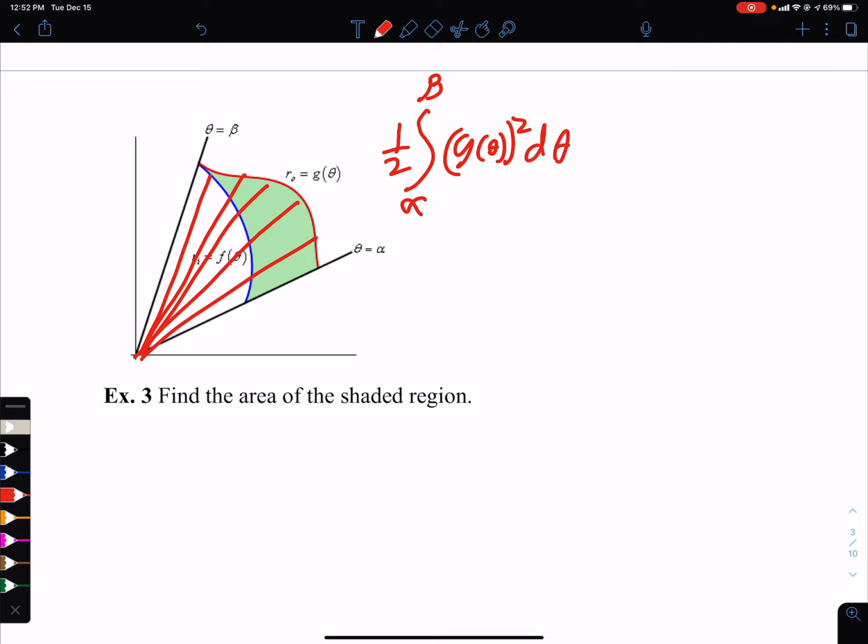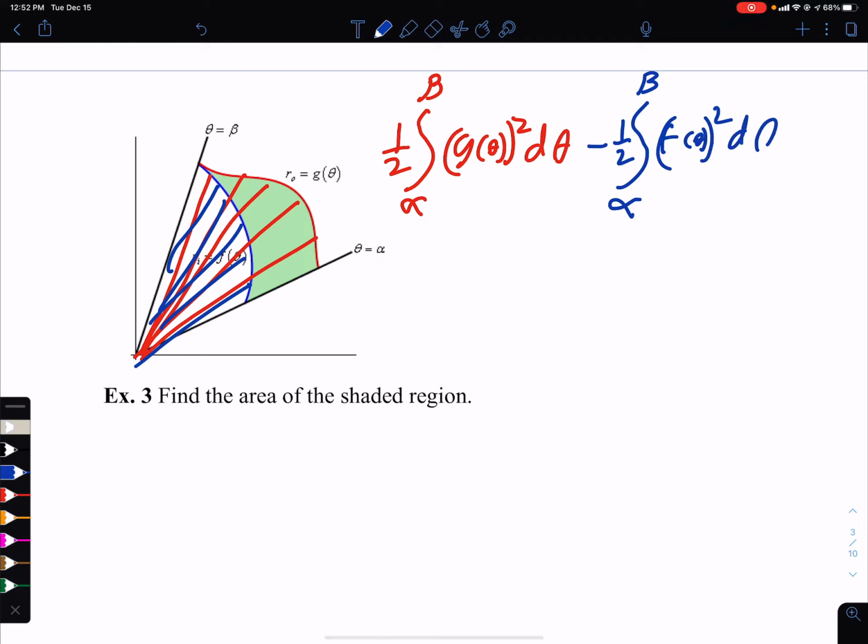Now the problem is, it's too much stuff. I need to get rid of this blue area here. So I need to subtract the blue, which is the region inside of f of theta. So again, the area of that is the integral from alpha to beta of 1/2 f of theta squared d theta. So that is the area of the shaded region right there.